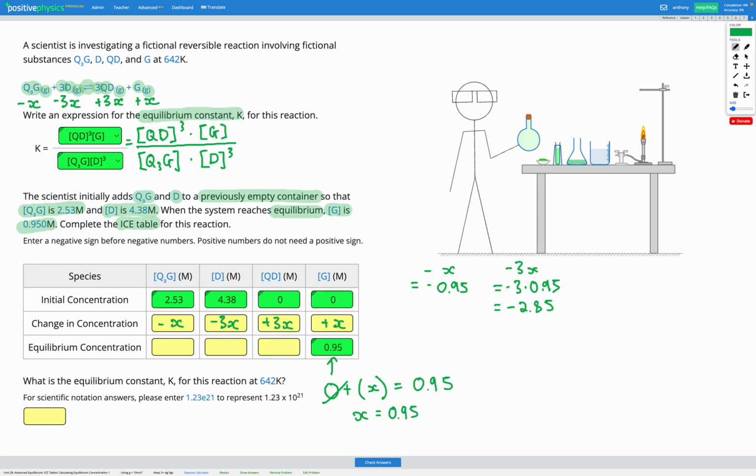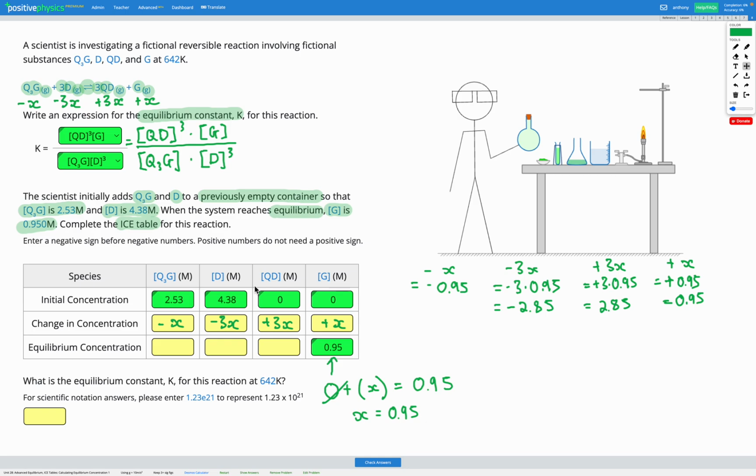For QD, we've got plus 3x, so that's plus 3 times 0.95, which gets us 2.85. And we've got plus x for the concentration of G, so positive 0.95, or in other words, just 0.95.